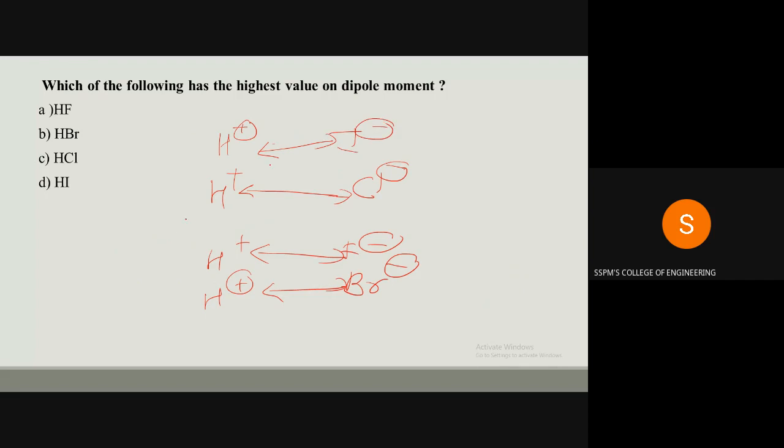So which halogen is more electronegative, that has the highest dipole moment? The options include HI, hydrogen and iodine.